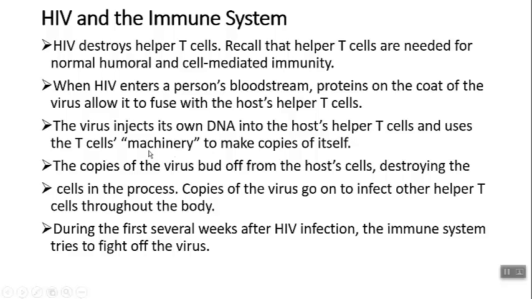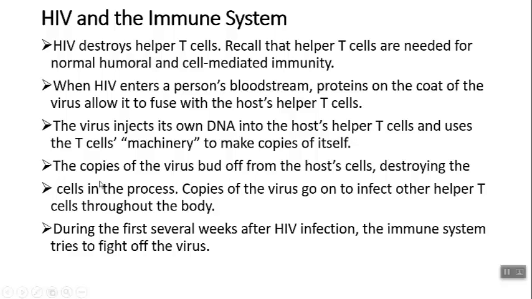So the T helper cell then produces more viral DNA than its own DNA. This is the trick of the virus: once its DNA has been injected into the host T cell, the cell produces copies of the virus's DNA.